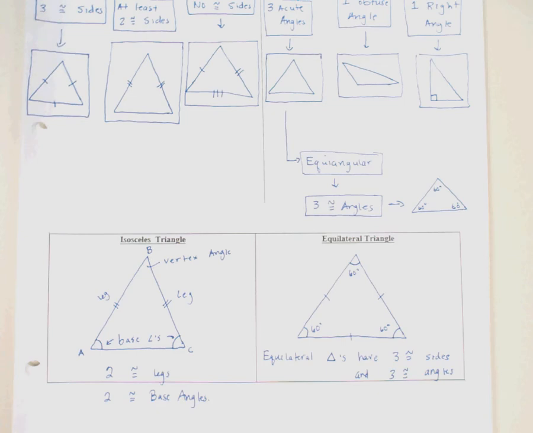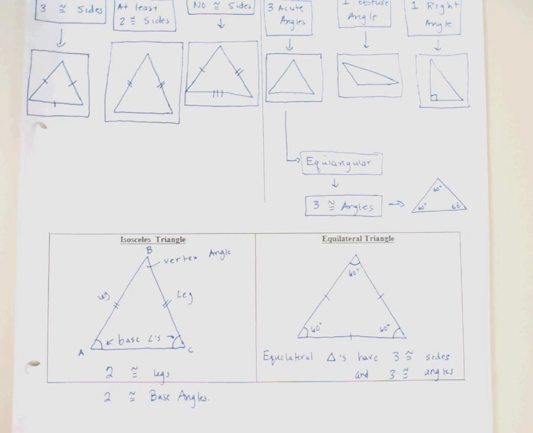In an isosceles triangle, the 2 angles across from the congruent sides are also congruent, and we call those the base angles. The angle between the 2 congruent sides is called the vertex angle. So in an isosceles triangle, we have 2 congruent legs and 2 congruent base angles.